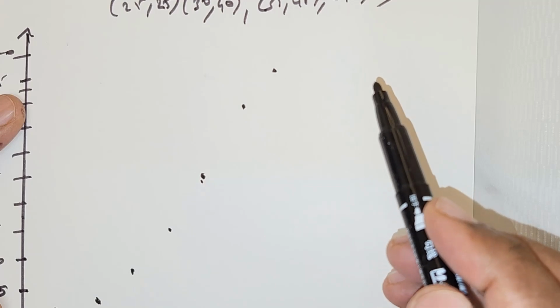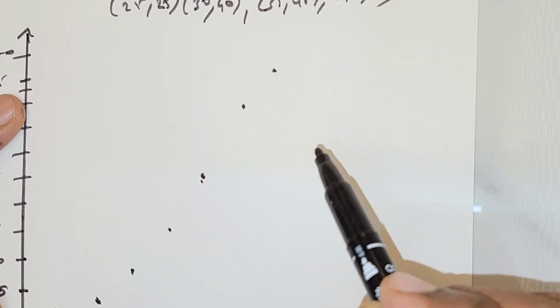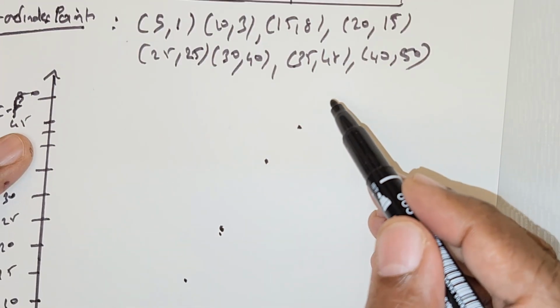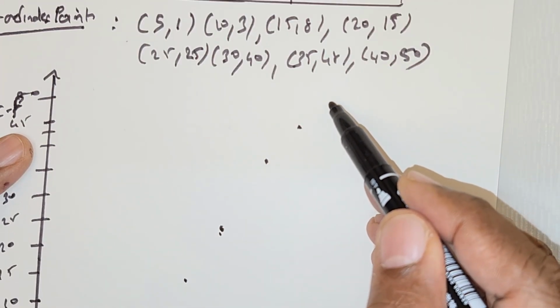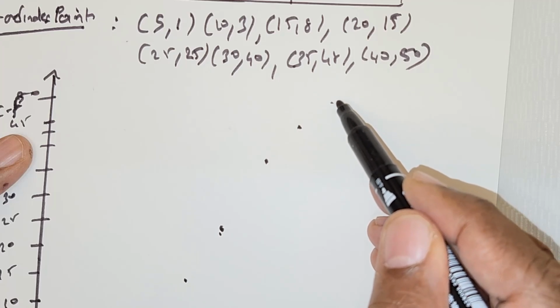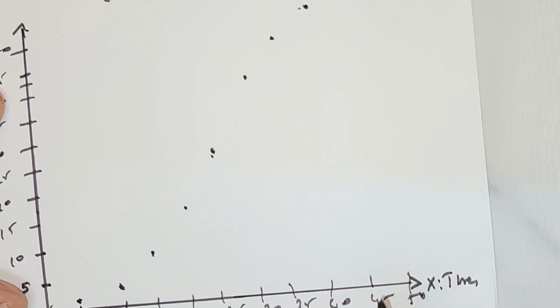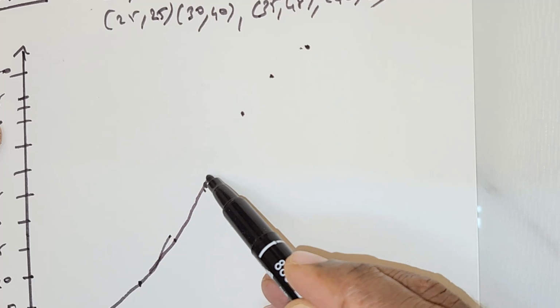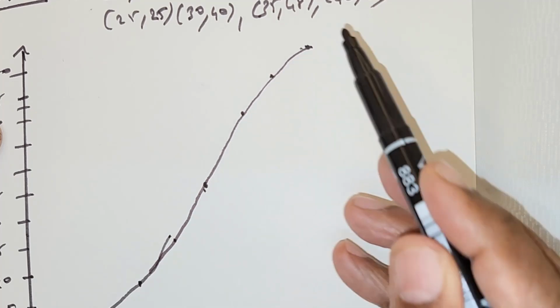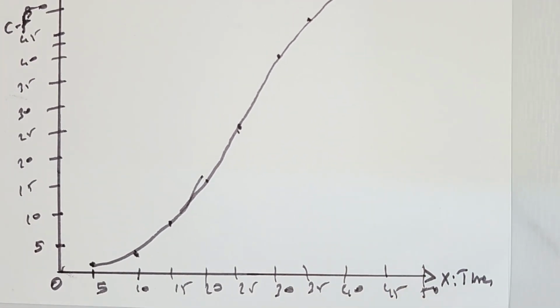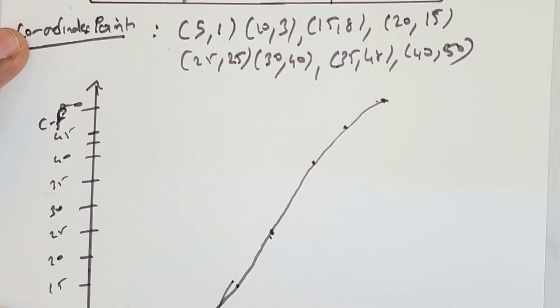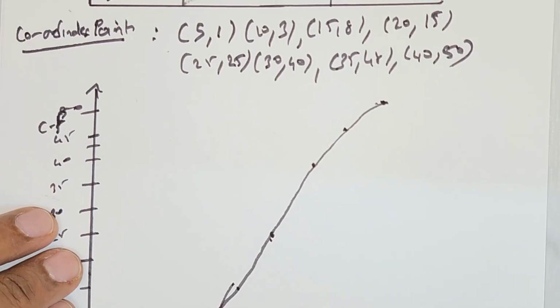In the 40 minutes test, how many students have completed? Almost all. Everybody ending here, 50. So you have to connect all of this. Okay, and that is the graph. Story finished. Okay, so let's move on to the next one.